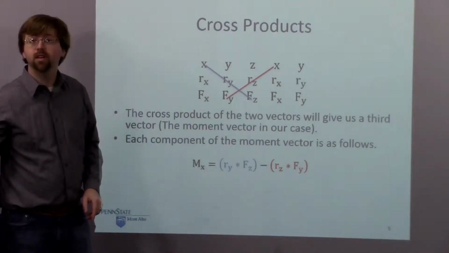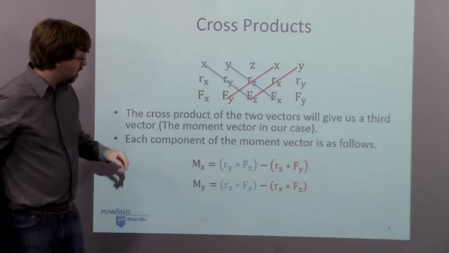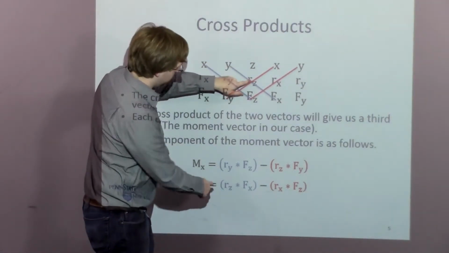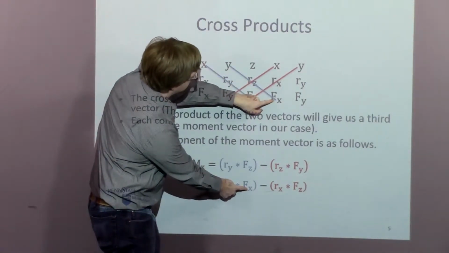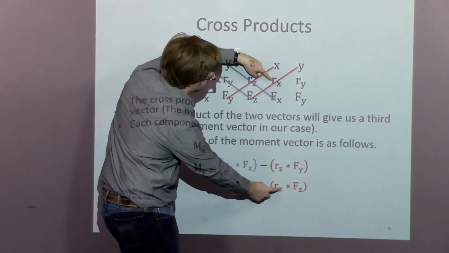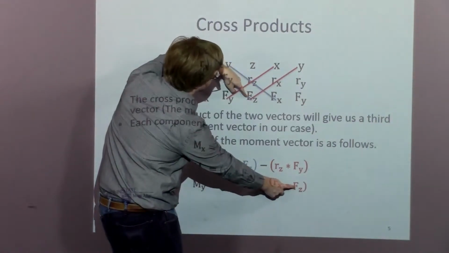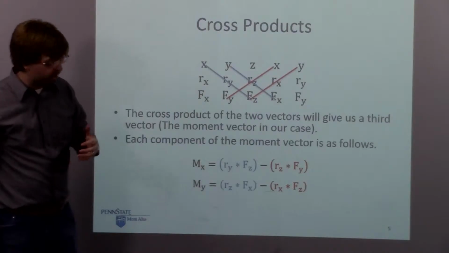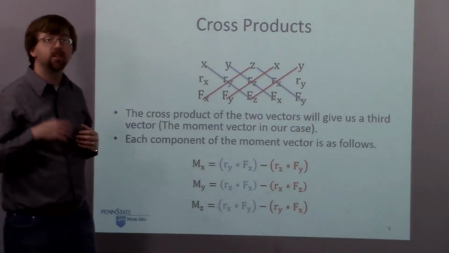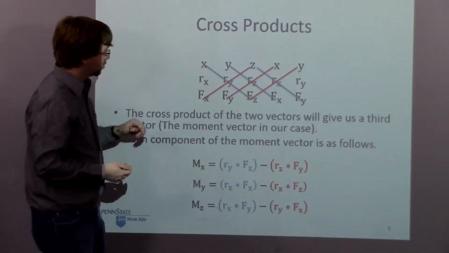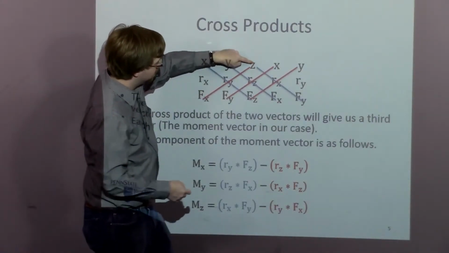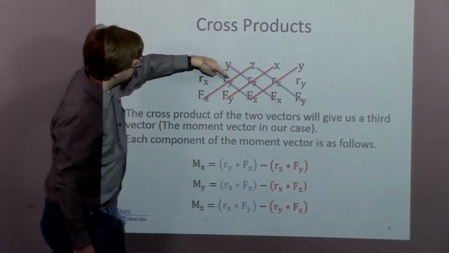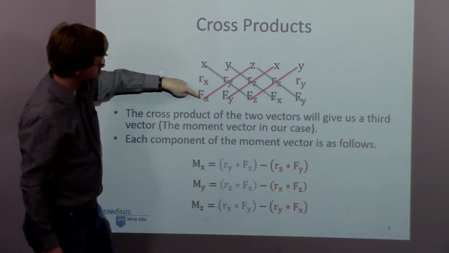I have another calculation for the y component. Starting at the y, that one's going to be rz times fx minus rx times fz. That's the second one, and the third component of this moment vector, starting at the z, is rx times fy minus ry times fx.